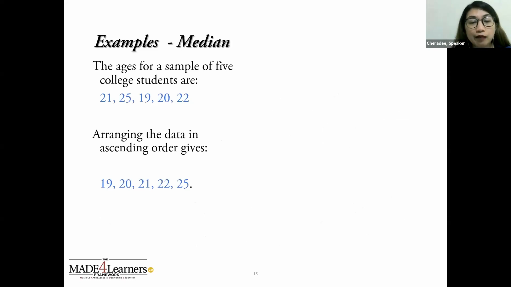If it's odd, n plus 1 divided by 2, and the answer is the position in the sequence. So you have to arrange the order first: 19, 20, 21, 22, 25. The third number is 21, that's why your middle number is 21.